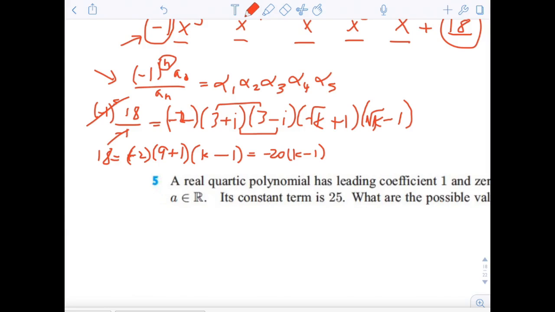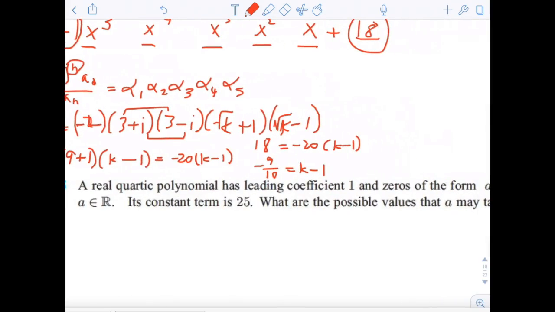Now we have 18 equals -20 times k minus 1. We can divide both sides by -20 and get -9/10 equals k minus 1. So k is equal to 1/10.